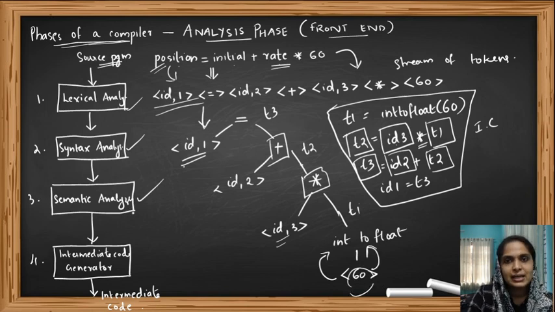Thus, the semantic analyzer will produce an annotated parse tree or an annotated syntax tree as output, which is then fed to the intermediate code generator to produce the intermediate code. So that's the output of the analysis phase. And the analysis phase is also known as the front end of the compiler. So to the front end of the compiler, we will be giving the source program as the input, and the front end will produce the intermediate code as output.